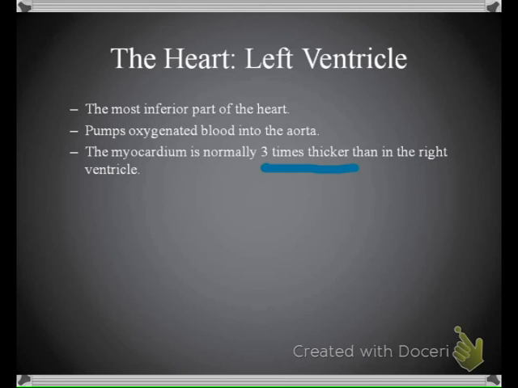So the left ventricle has to be the most powerful.